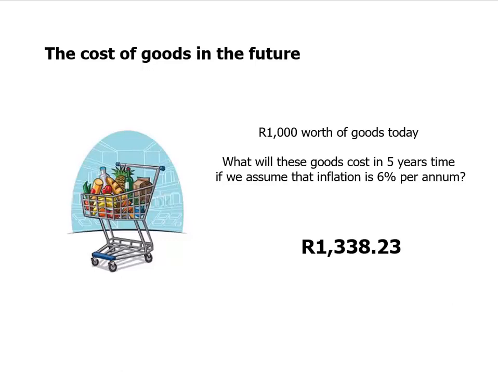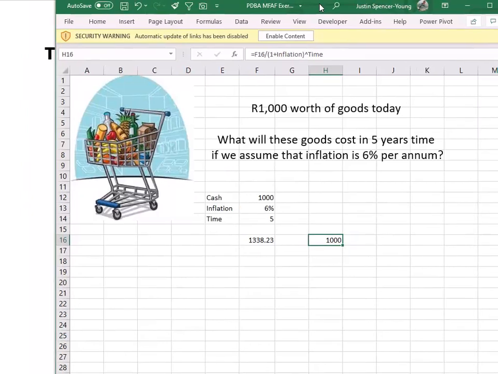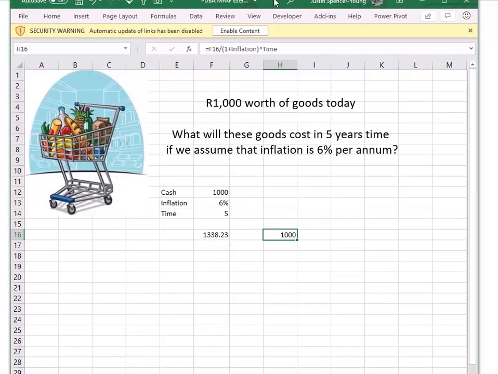So how do we do that calculation? Well, we do that using the future value or present value formulas that I showed you a moment ago. So I'm going to bring into picture a spreadsheet that can help us do these calculations. So here's the problem we're faced with. We're spending 1,000 rand today.